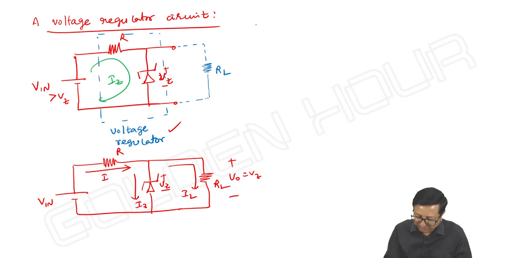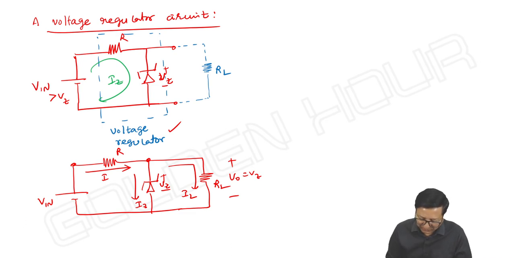I can write I is equal to V in minus Vz by R. It is V in minus Vz by R, that gives us I. And what about IL? Our V output is equal to Vz. These are simple things only.